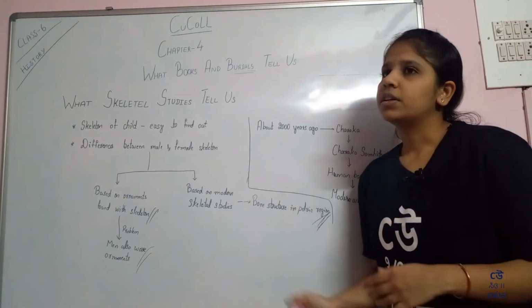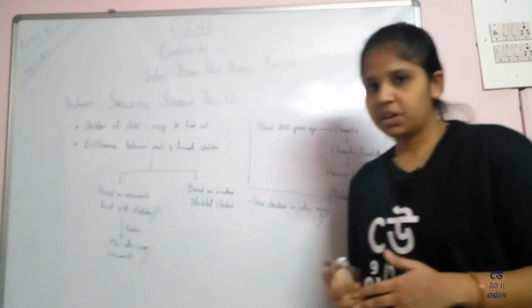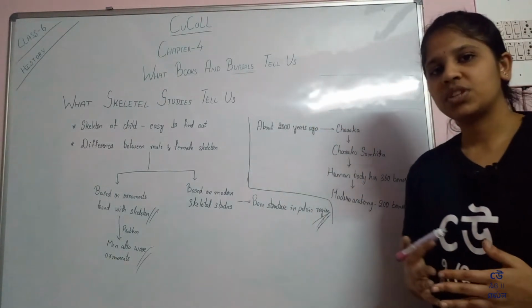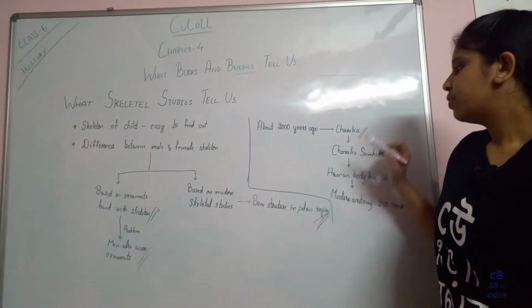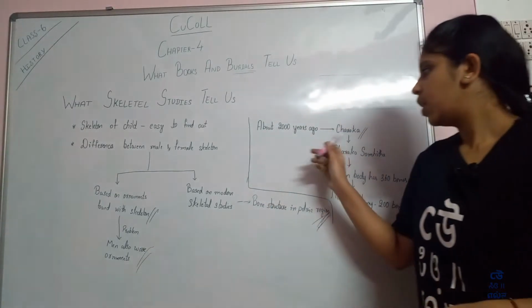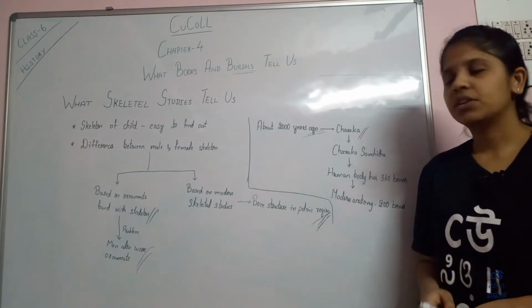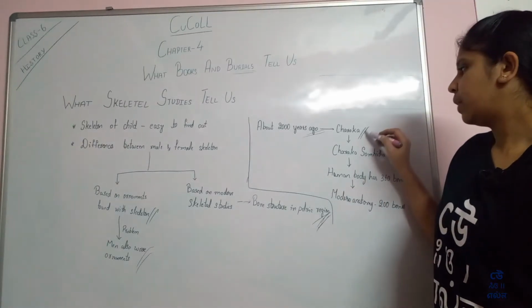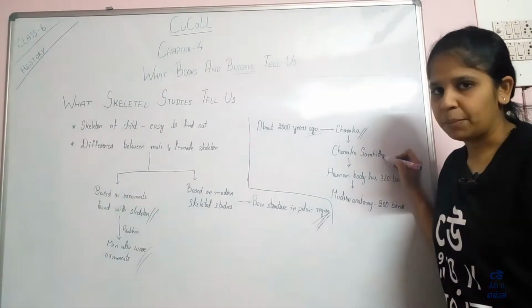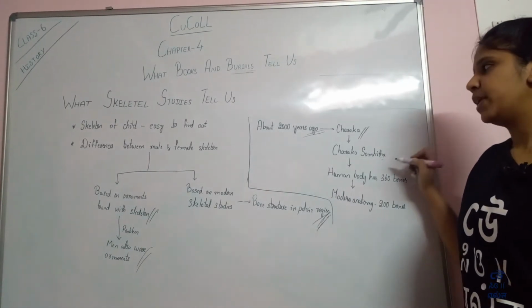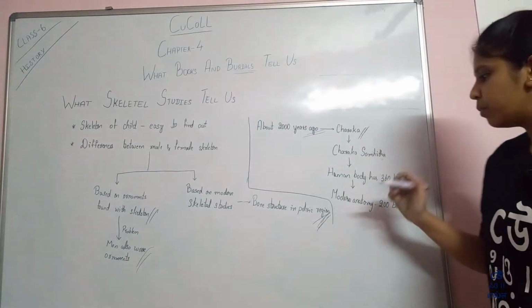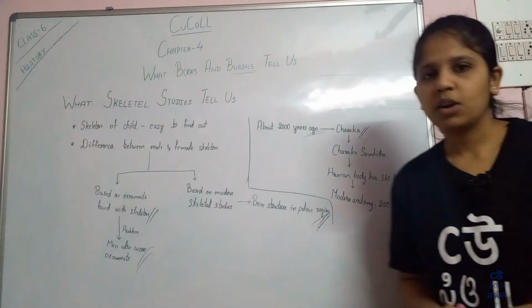Now there is a book named Charaka Samhita. That book was written by a famous physician named Charaka, about 2000 years ago. In this Charaka Samhita, Charaka has stated that the human body has 360 bones.